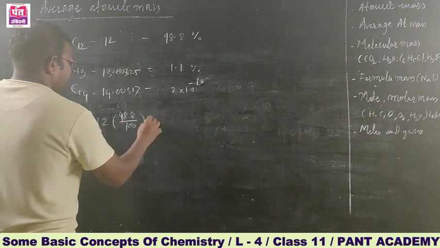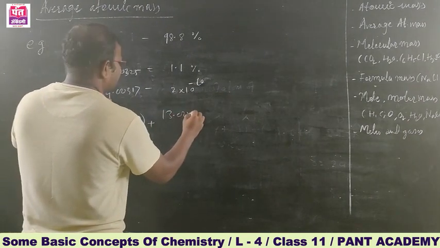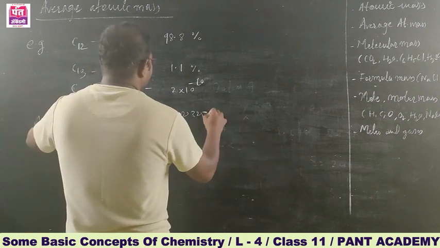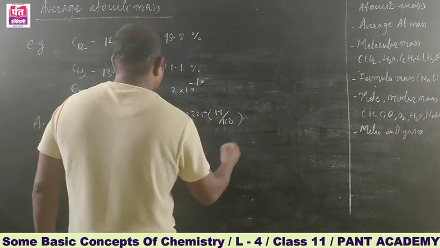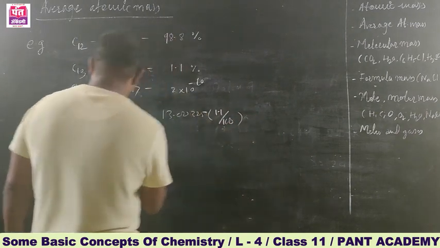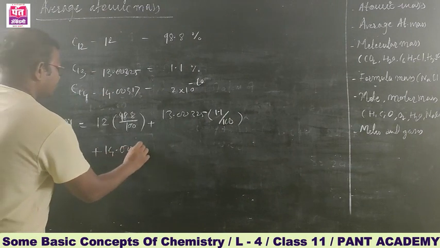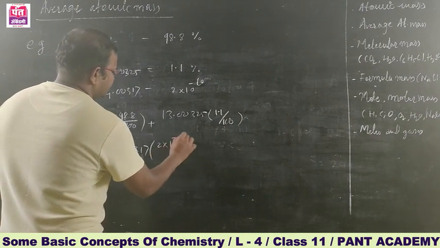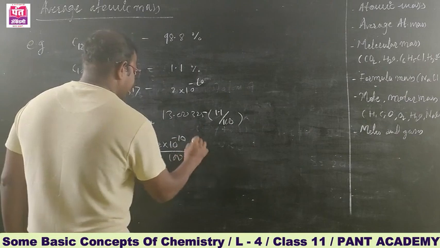12 into 98.8/100 plus 13.00325 into 1.1/100 plus last 14.00317 into 2 into 10 raised to minus 10/100.